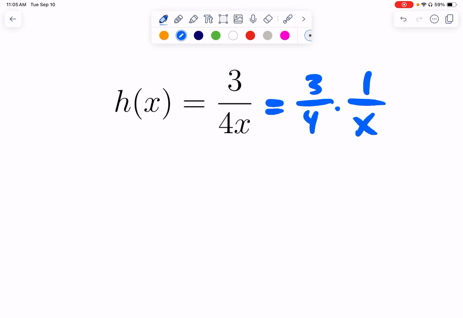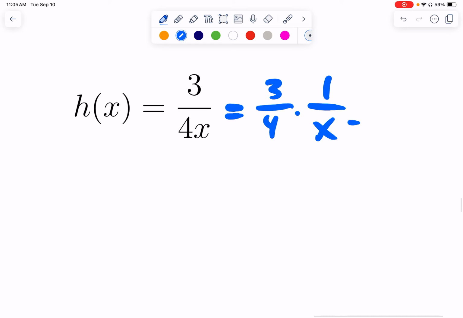I'm going to write this very clearly as 3/4, right? Fractions are numbers. It is the number 3/4 times 1 over x. And we'll remind ourselves that 1 over x is just x to the negative 1 power. Do this first, and I recommend literally having it written down. If you think you're doing it in your head, you're really rolling the dice as to whether it will work out.